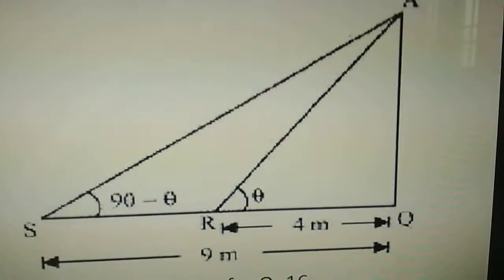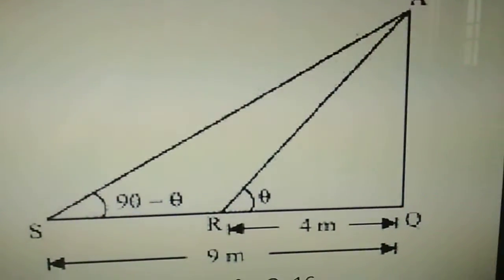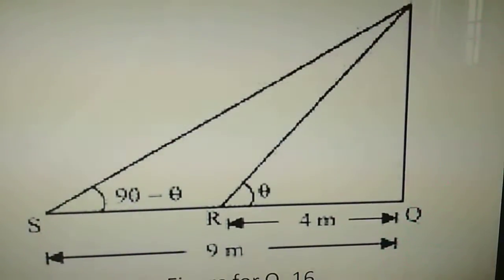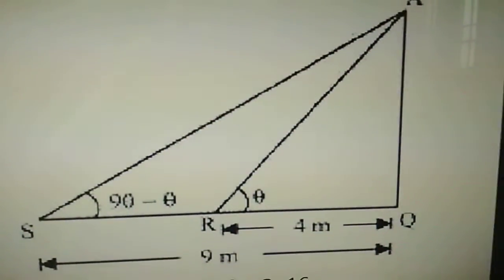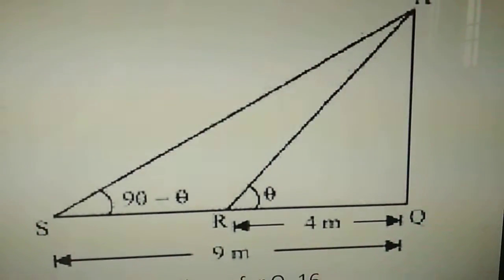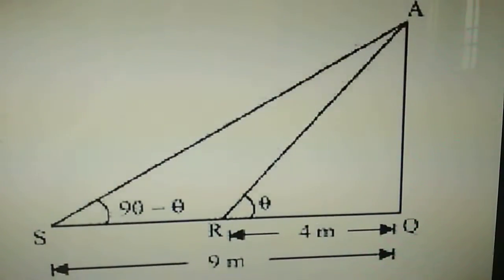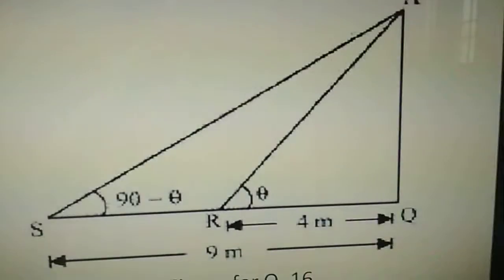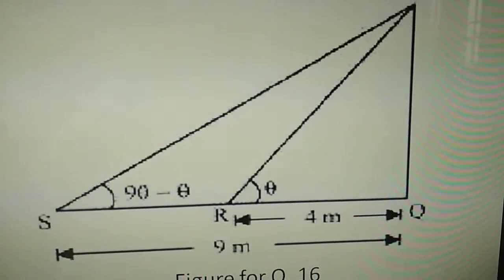The angle ARQ, the angle of elevation of the tower from a point R on the ground, is theta, and the angle of elevation from another point S on the same horizontal line on the ground is 90 minus theta, which is complementary to theta.